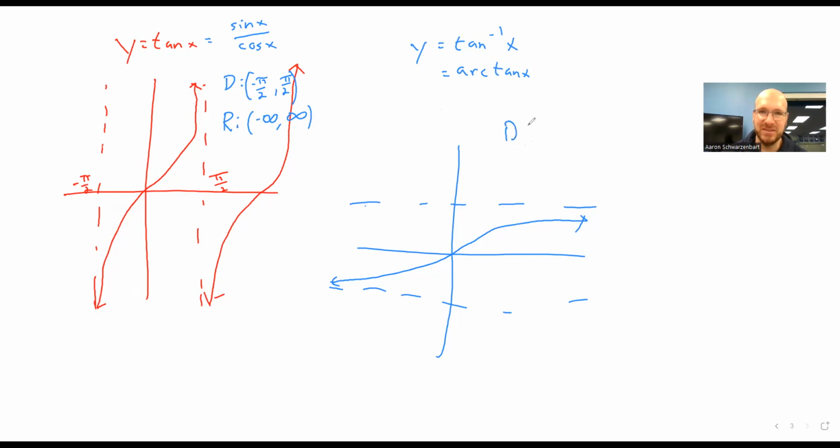So when I switch these, my domain is negative infinity to infinity, but my range is only negative pi over 2 to pi over 2. Again, for inverse tangent, I'm keeping quadrants 1 and 4, just like I did with inverse sine, so that I've got a continuous piece of function here for the graph.